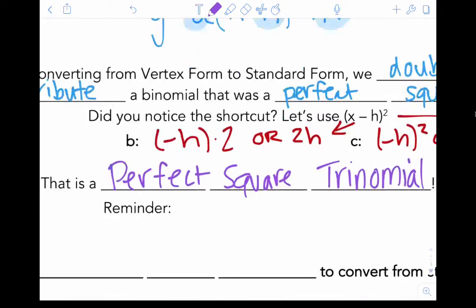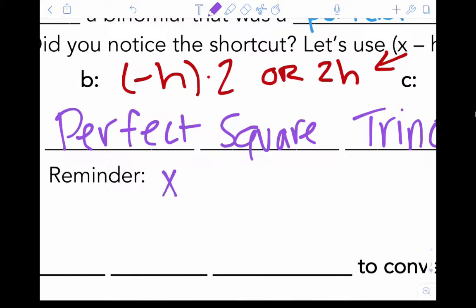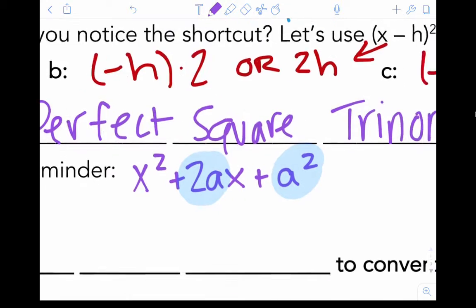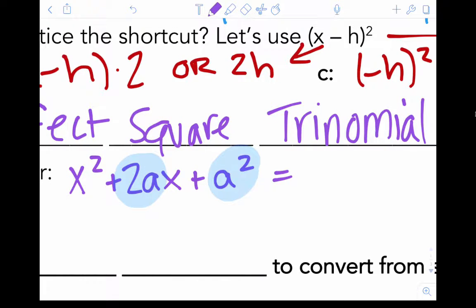So remember, that is when you have x squared plus 2ax, so this would be twice times a number, plus a squared, so this is a number squared. That's going to be equal to x plus that number squared.